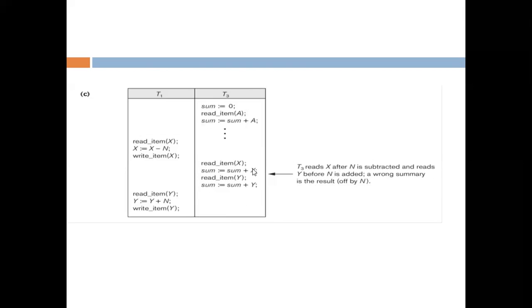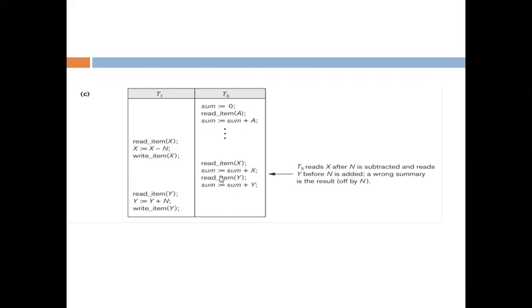So here it is aggregating all the values, whereas the Y value is getting updated over here. But X is already updated. So it has read the updated value of X, but it has not read the updated value of Y. So this is also another example of a wrong summary result.